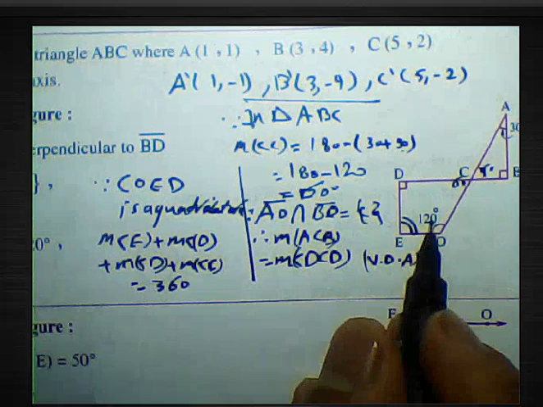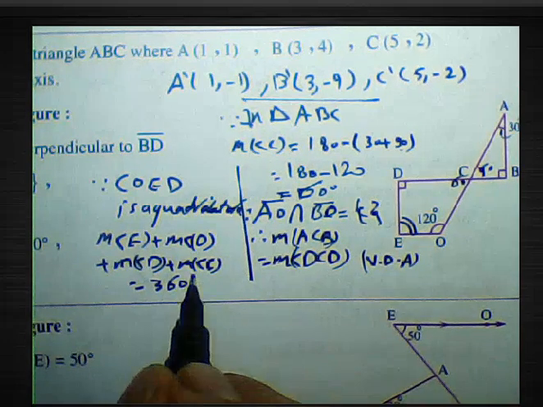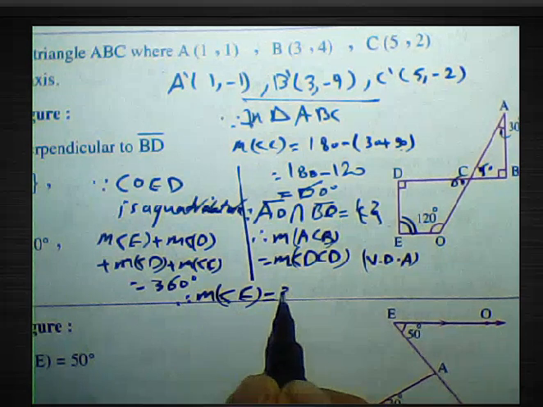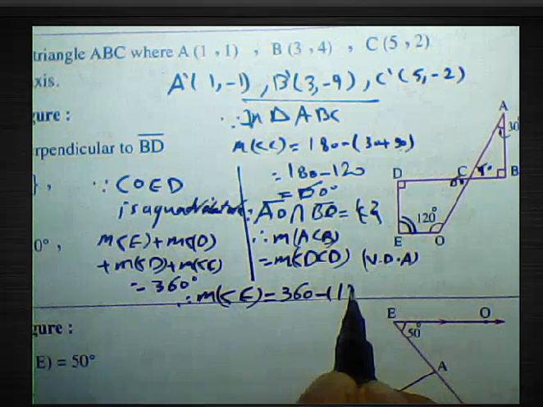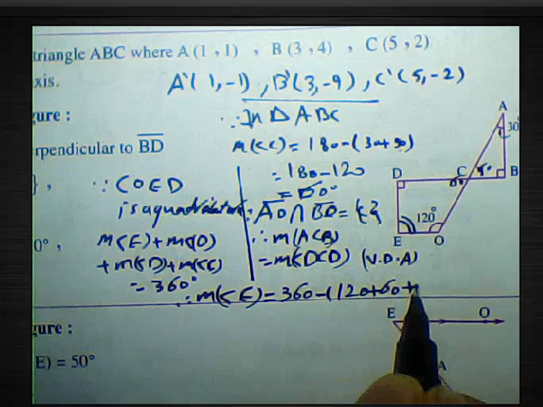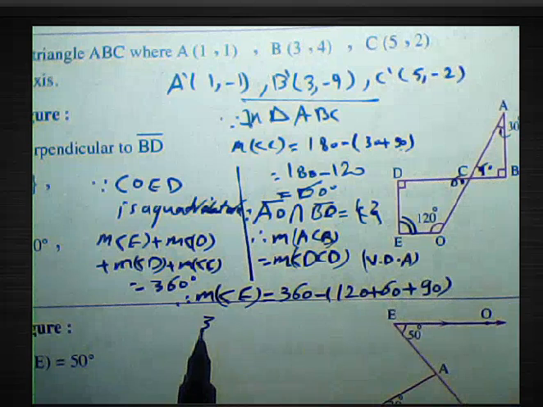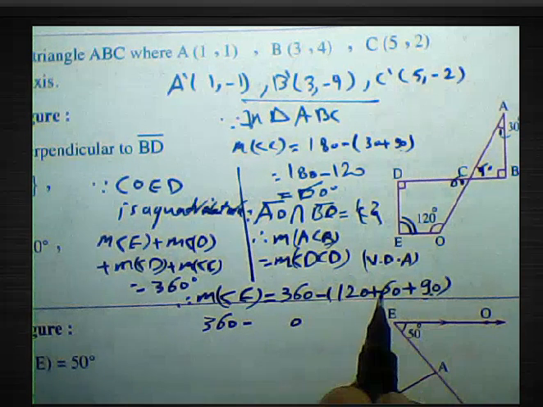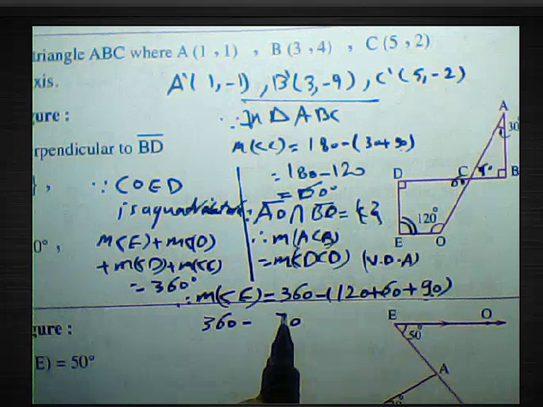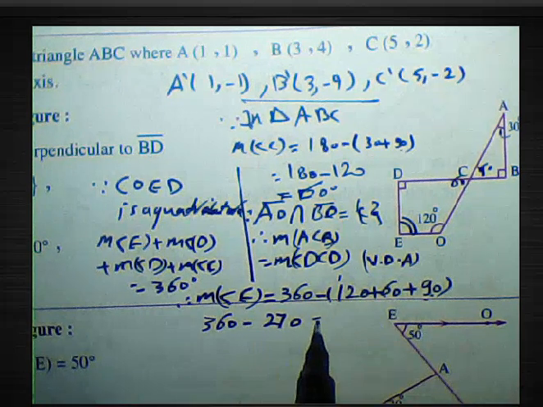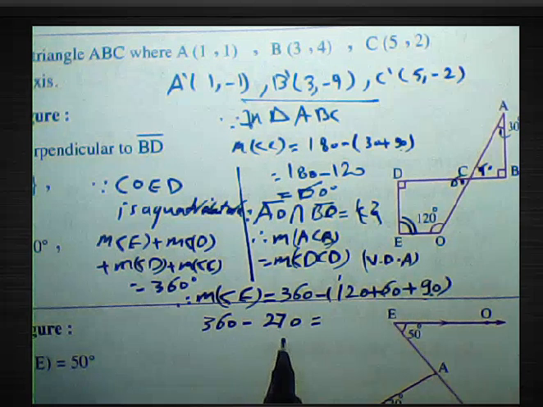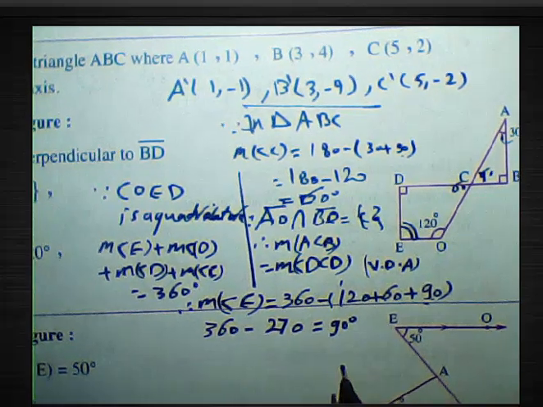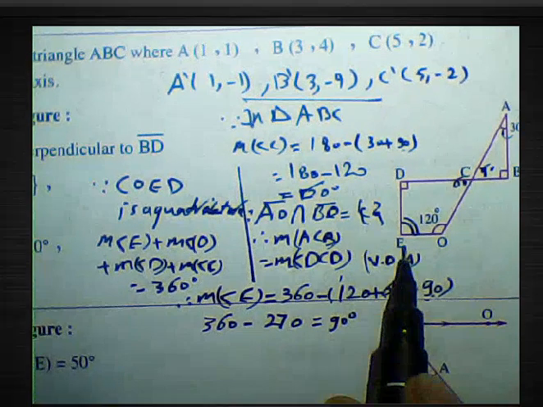The sum of the interior angles of a quadrilateral equals 360 degrees. Then the measure of angle E equals 360 minus (120 plus 60 plus 90), which will be 90 degrees. Okay, the measure of angle E equals 90 degrees.